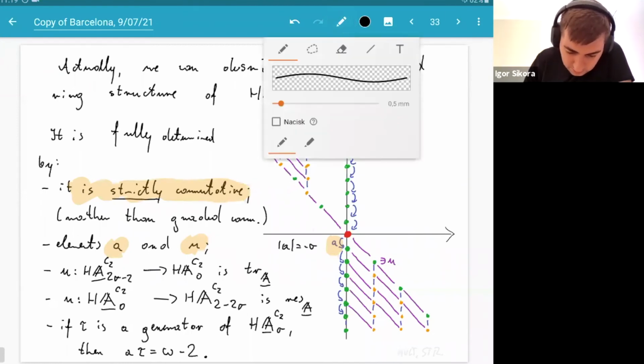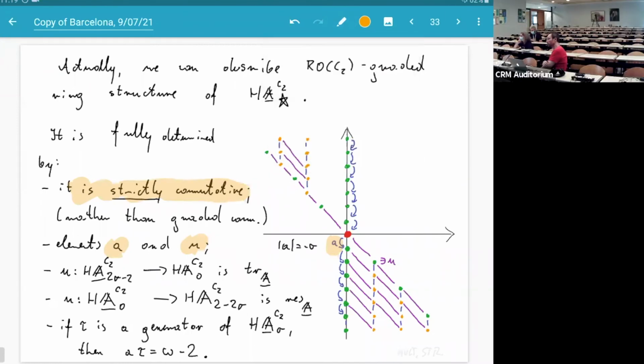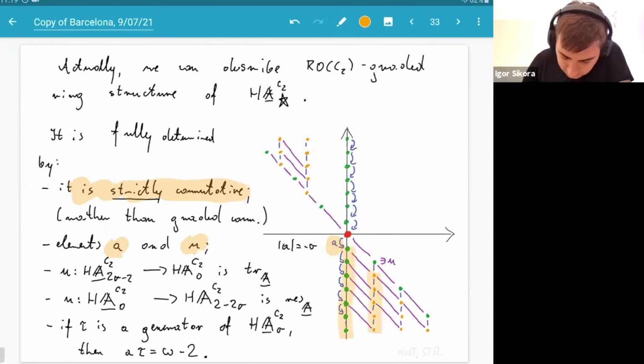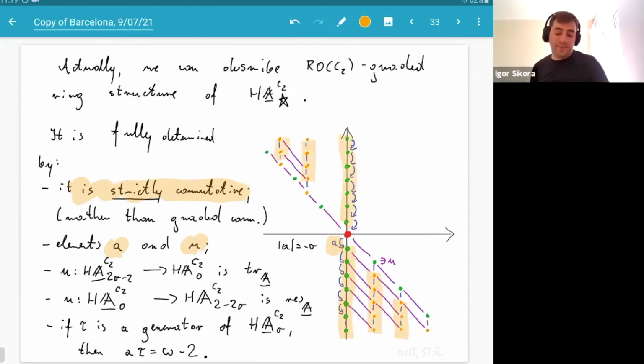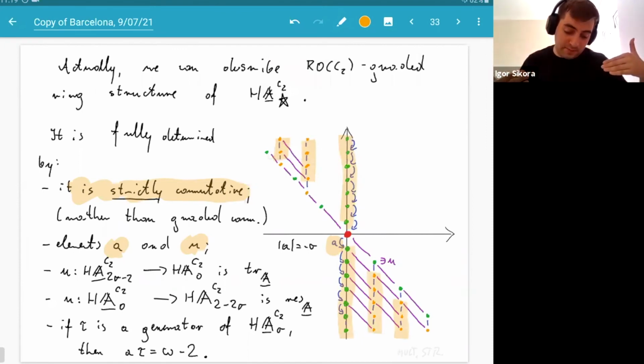And here what we see, multiplying by A is responsible for this kind of vertical periodicity. This periodicity breaks on the antidiagonal.